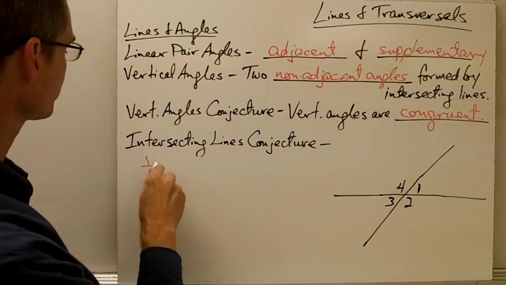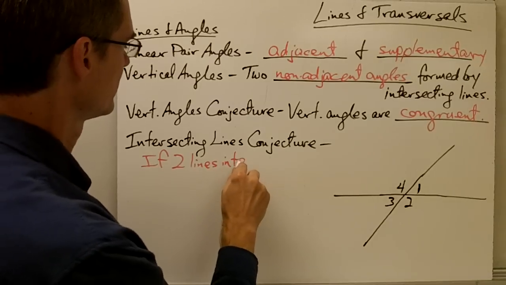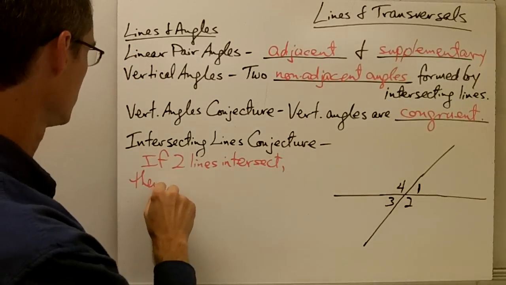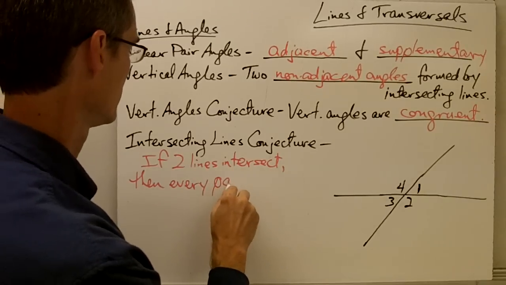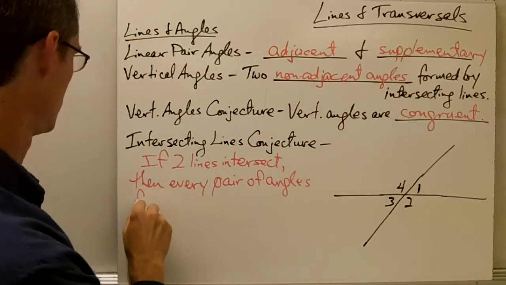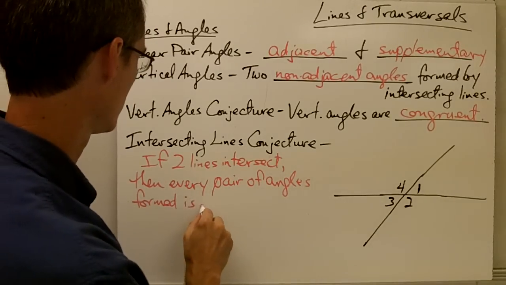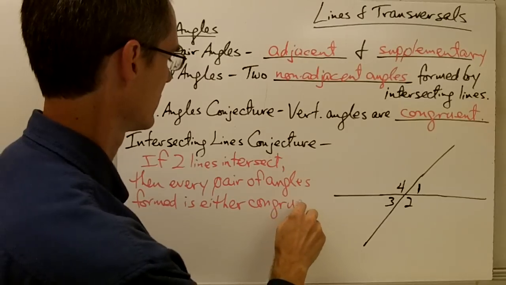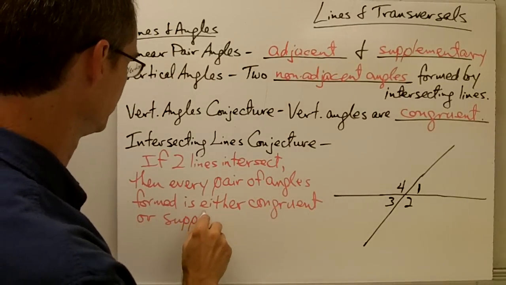I'm going to say, if two lines intersect, then every pair of angles formed is either congruent or supplementary.